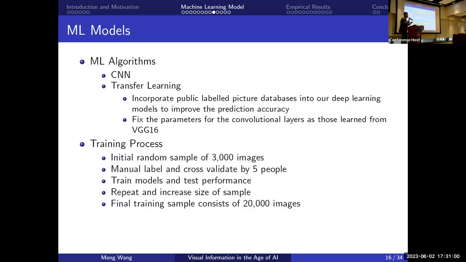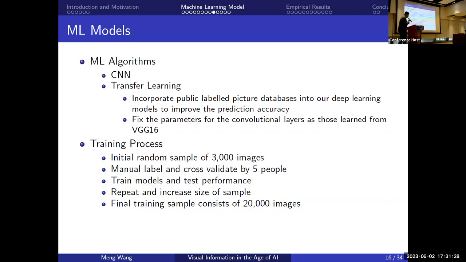And we cross-validate each other, and then we train the model. We check the test performance, and then we repeat the process, and we keep adding features into the training sample until we achieve acceptable model performance.